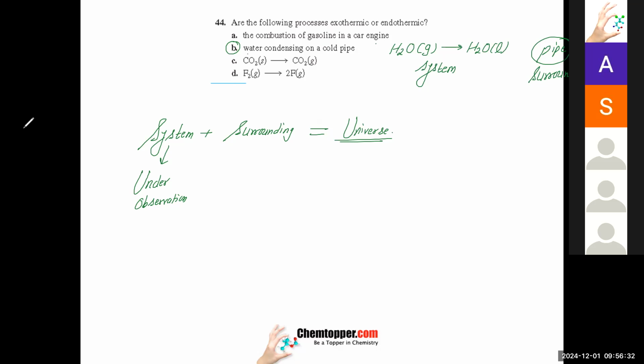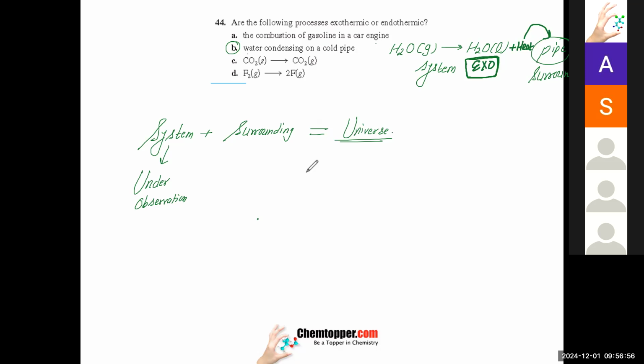Gas to liquid. What is happening? Exo, yes. So where is this heat going? Who is gaining this heat? Heat is released. Who is gaining this heat? The pipe, right? Energy released, energy absorbed.